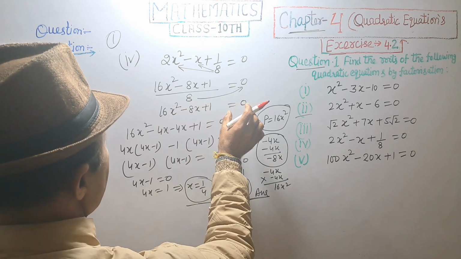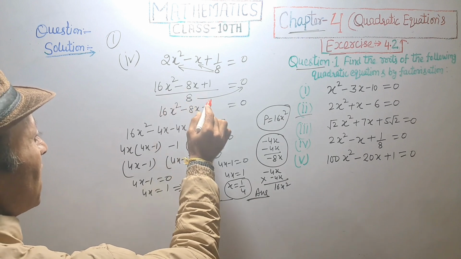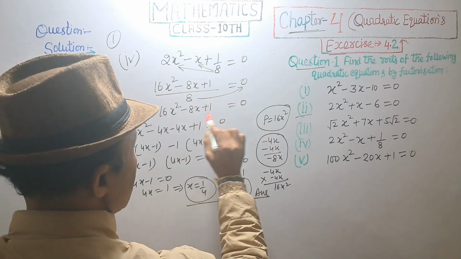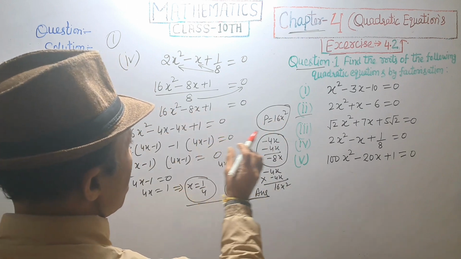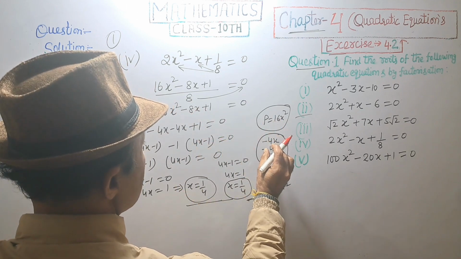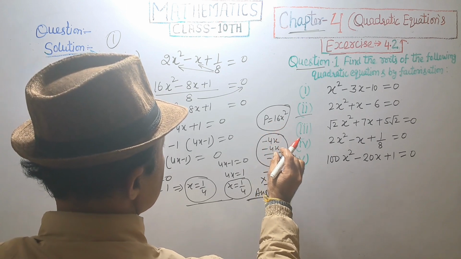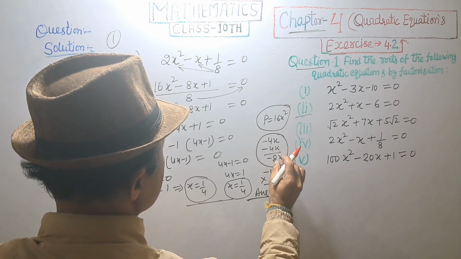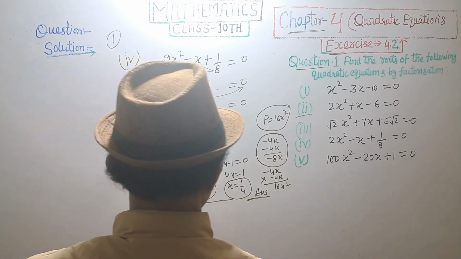It gives a quadratic equation, and splitting the middle term, the product of first and last is 16x². We assume two numbers, minus 4x and minus 4x, whose sum is minus 8x and their product is 16x².